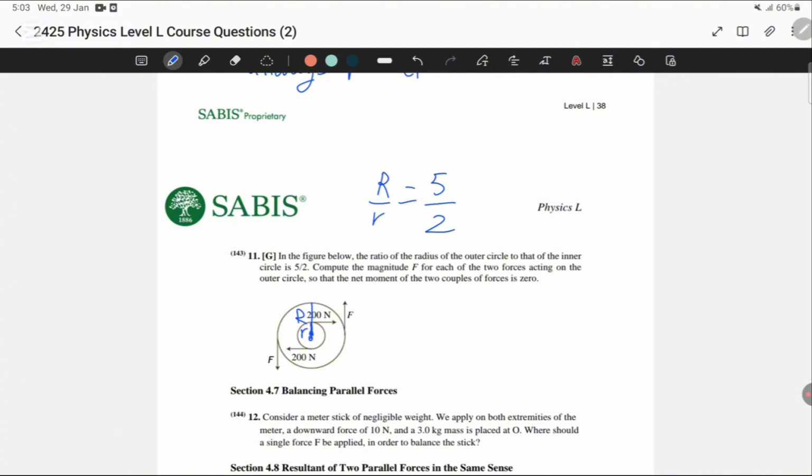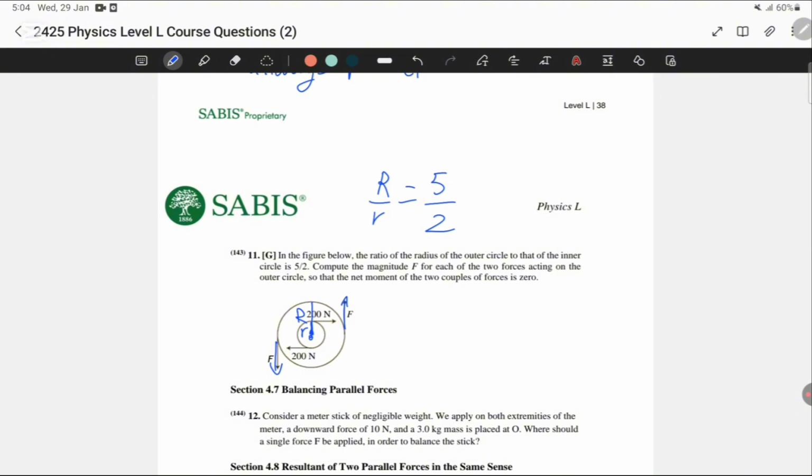Now they want this force here, and we need to make sure the net moment is 0. Act like it's a steering wheel and steer it to the right. Your right hand will go to the right and your left hand will go to the left. So it's moving clockwise, so it's going to be negative.